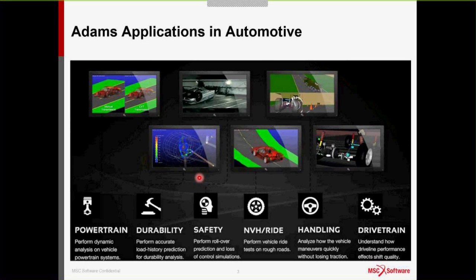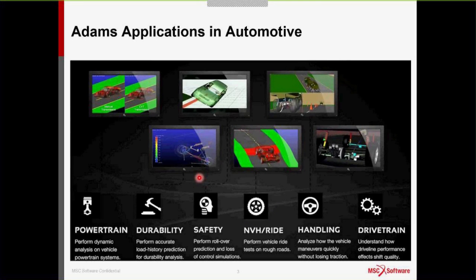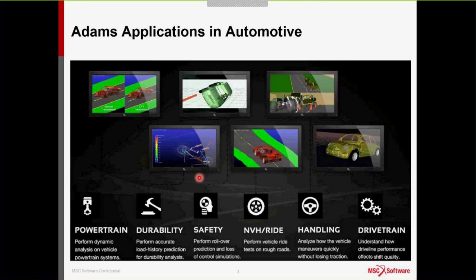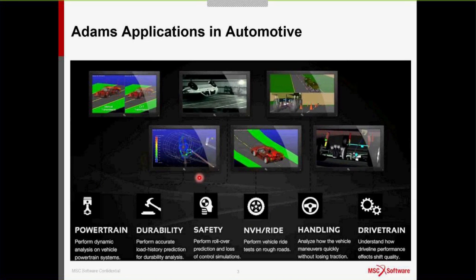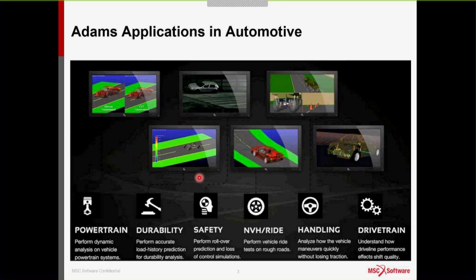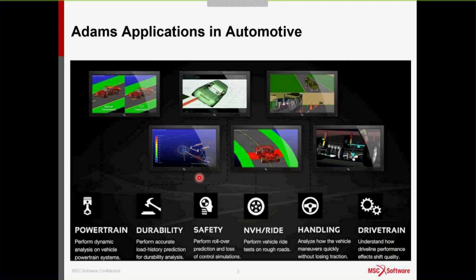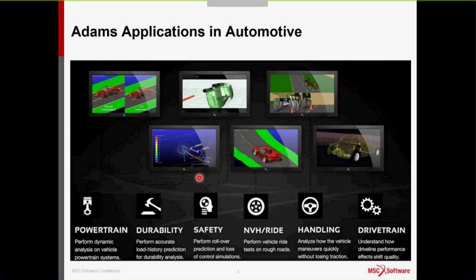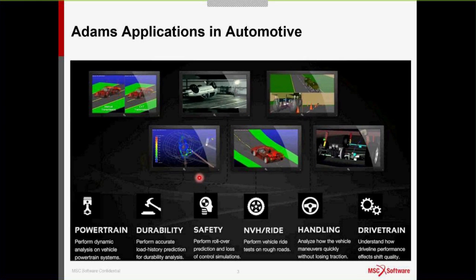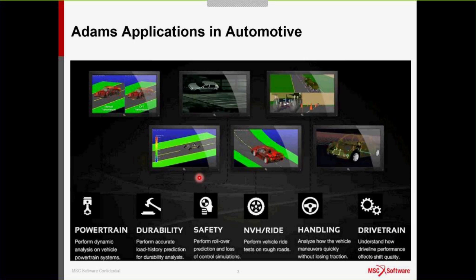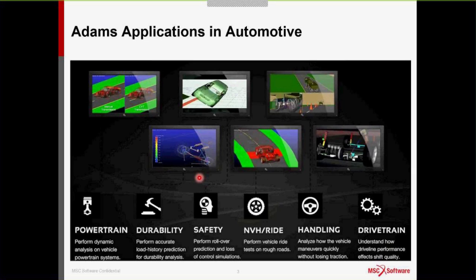There are many other departments and groups within our customer base that use it: in the powertrain division, for instance, for durability, so loads prediction, loads histories, and so on; vehicle safety for advanced vehicle maneuvers and the propensity maybe for a vehicle to get into a dangerous situation; higher frequency work for NVH, as well as ride and handling; and then in general drivetrain work, a lot of transmission applications and driveline applications.